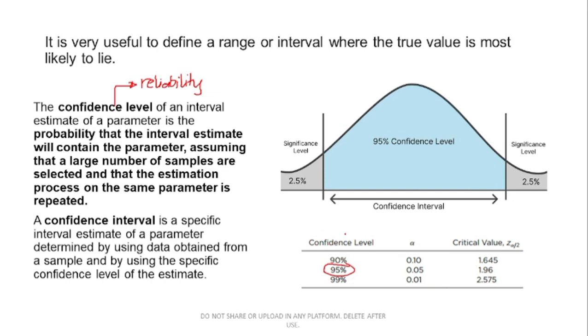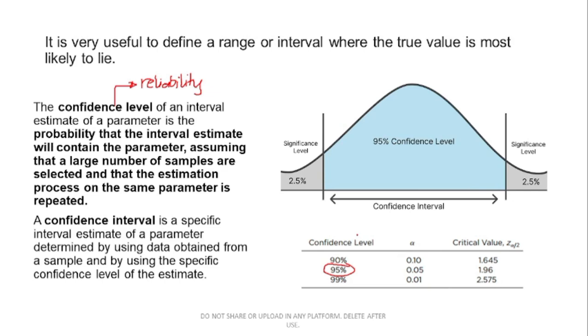Ibig sabihin ng 95% na to is that if you were to conduct the same survey many times, you would expect na talagang yung range ng mga mahilig mag-ice cream ay nasa 60 to 70%. So, yun ang ibig sabihin ng confidence interval.